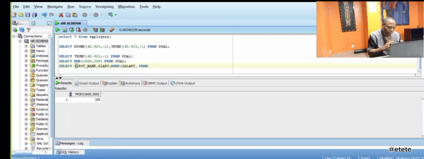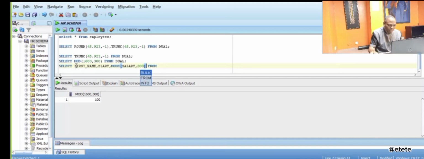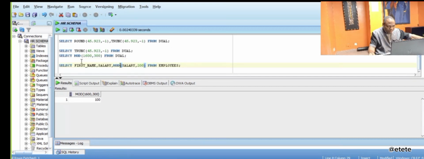So I am saying for every row in the salary column that you return, divide the salary by 200 and tell me the remainder. Select first_name, salary, mod. So I'm calling mod function and supplying 2 parameters to it. One of the parameters is my salary column from employees, right? So I'm going to run this first. So I'm now going to run it.